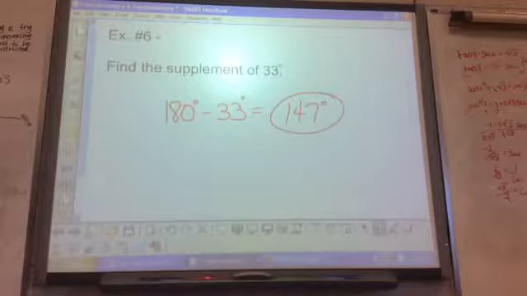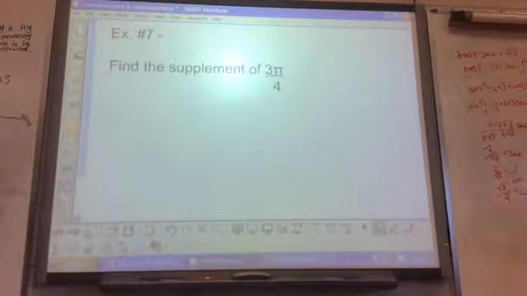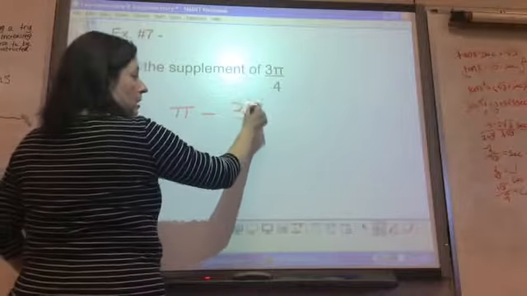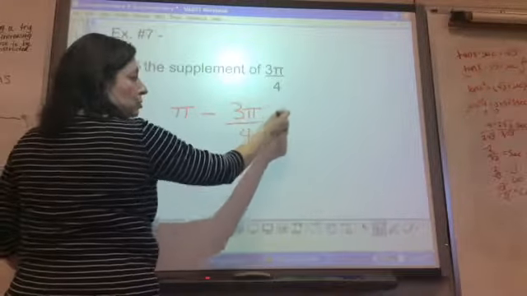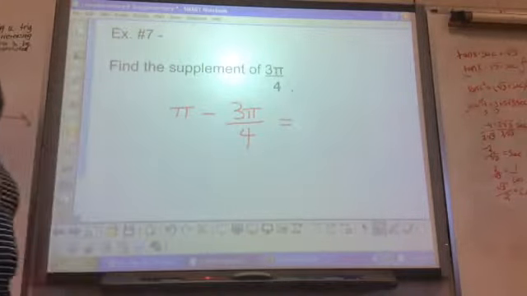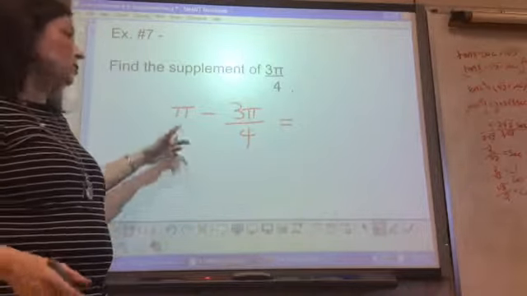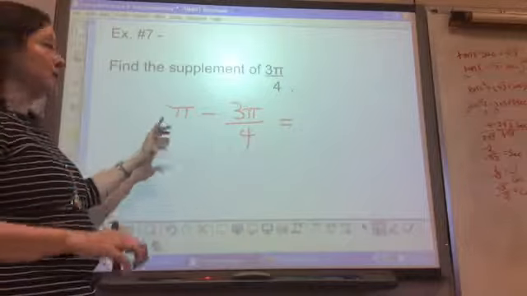All right. So now let's do a couple with radians. What am I subtracting from? Pi. So this will be pi minus the problem. Always pi comes first. Now, you can use a calculator, or if some of y'all like to think on your own, this one's easy to think on your own. Think about it like this.